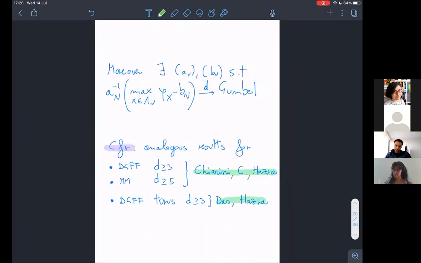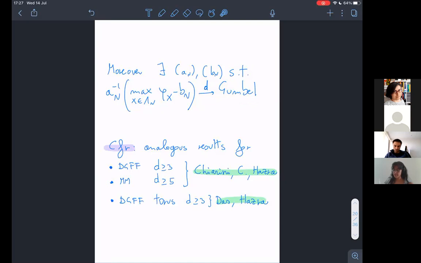So what we're interested in studying are, for instance, the extremes of this interface. And what we're able to prove is that if you rescale suitably the maximal height of the membrane model on your finite tree, you get convergence to a Gumbel distribution. That hints to the fact that you are in a so-called supercritical regime for the membrane model.